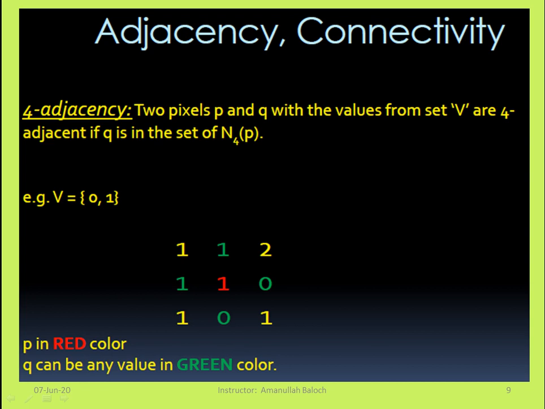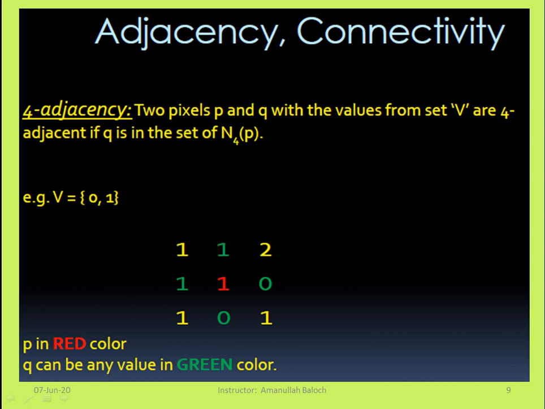P is the red color pixel. Here we have to find the adjacent pixels of p. Any other pixel on the left or right, or in the upward or downward direction at a distance of 1 pixel will be its neighbor.